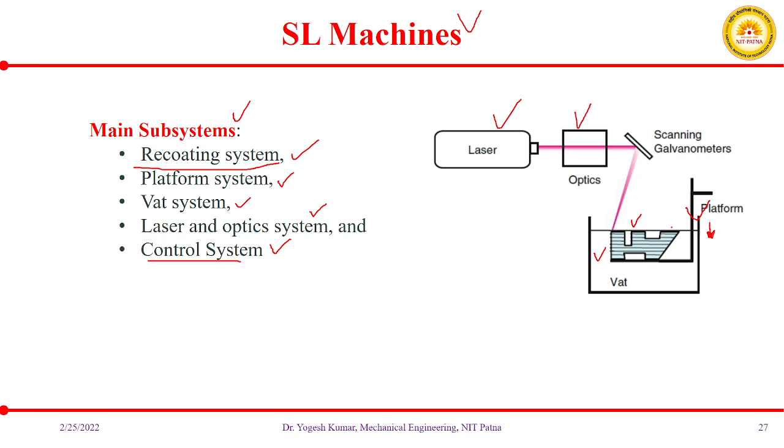Then we have a recoater blade which moves over this solidified layer to maintain the uniformity of liquid resin above it, so that when your laser moves above this solidified layer, the liquid resin gets solidified uniformly.